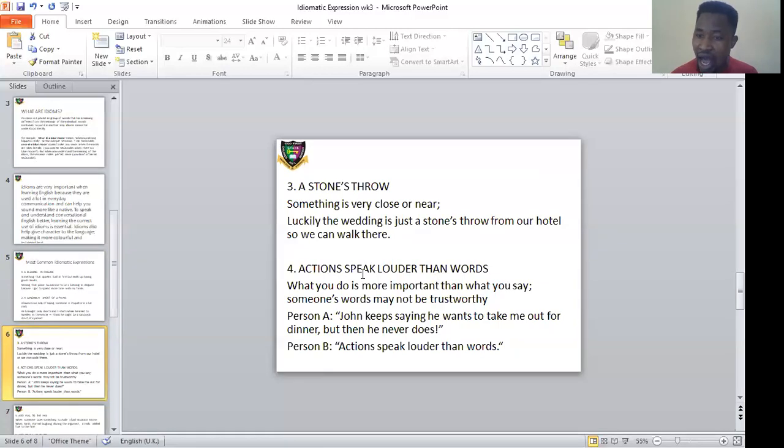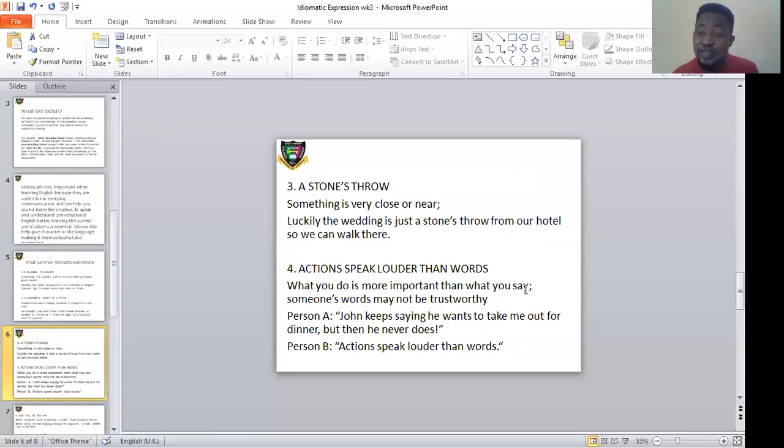You have to learn them by heart and commit them to memory, so that when you come across them, you easily know at a glance what the meanings are. Look at what the meaning is: what you do is more important than what you say. That means your action is more important than the word of your mouth.